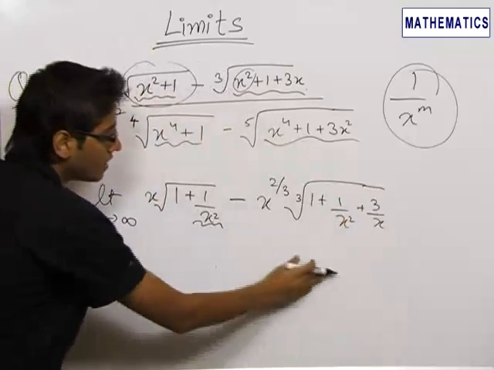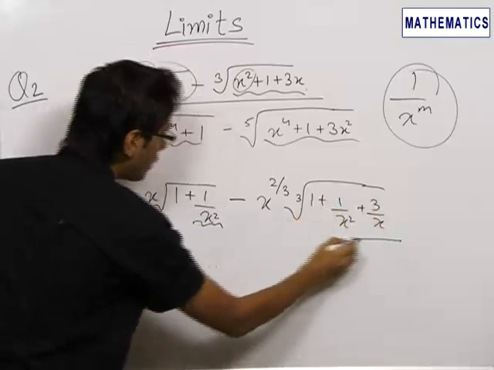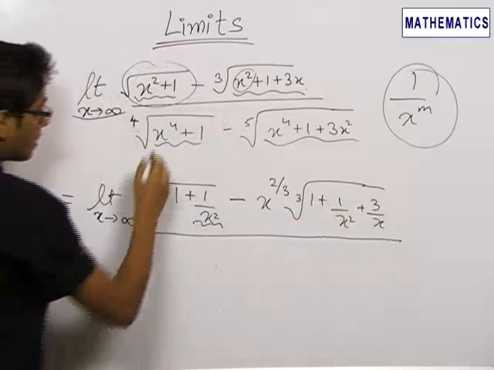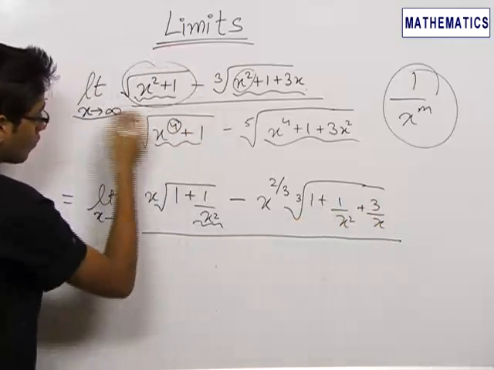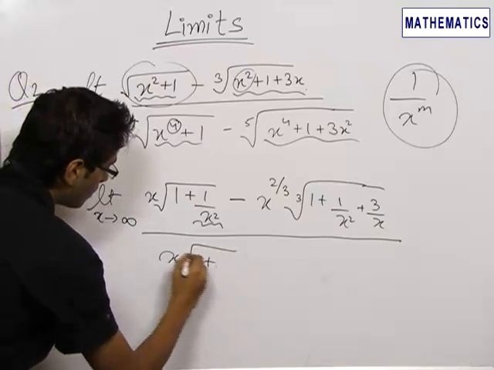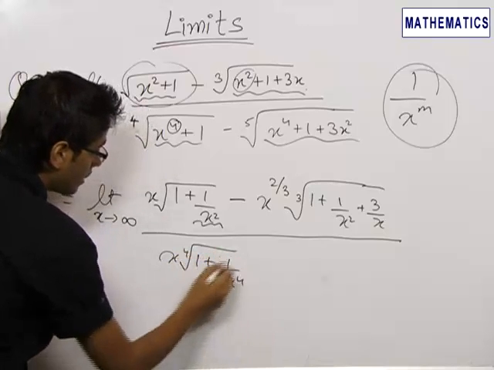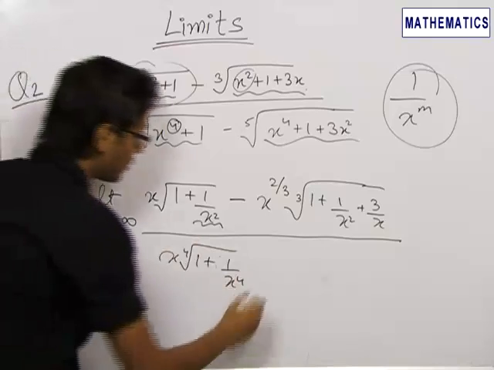So we can clearly see that there are terms of 1 upon x square, 3 upon x getting generated inside the cube root. Here the highest power is 4, so we take x power 4 outside. It will come as x into the fourth root of 1 plus 1 upon x power 4. Here also 1 upon x power 4 is getting generated.